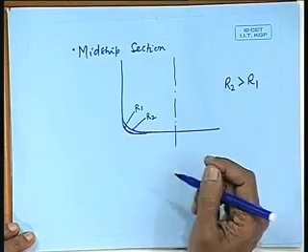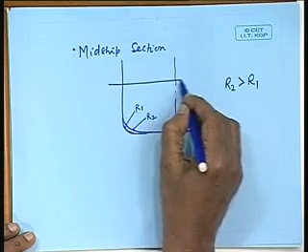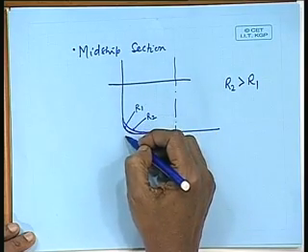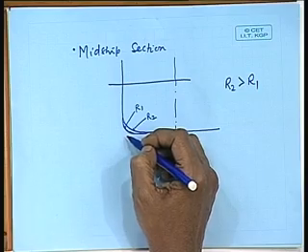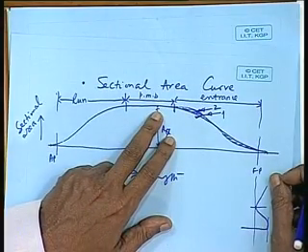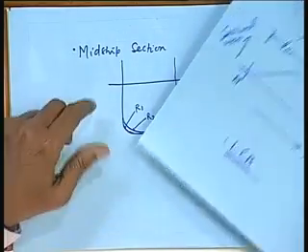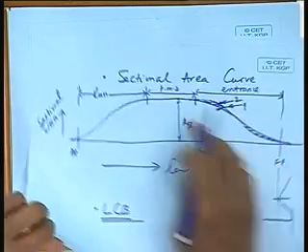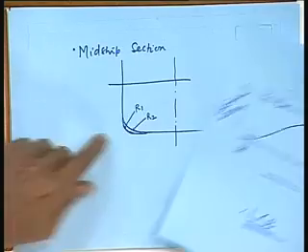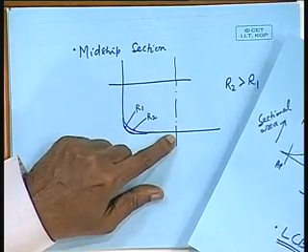Bilge radius. What does this indicate? R2 will have a lesser section area than R1, isn't it? Suppose this was made with R2, how will the curve look for R1? Or let's say this sectional area curve corresponds to R1, the lower radius, therefore higher sectional area.